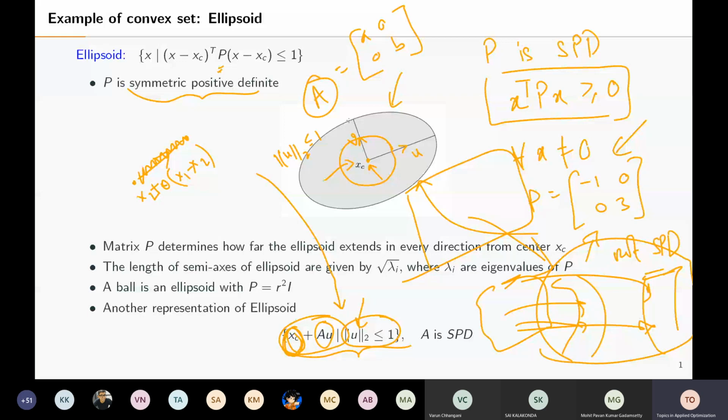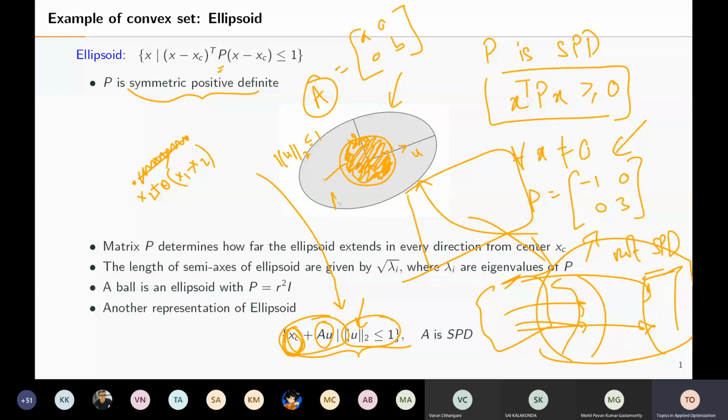I was thinking, should it touch even the minimum 1, but there is no guarantee actually, because even the smallest eigenvalue can scale a lot more than the unit. Anyway, let us say this was your norm u less than or equal to 1. This is what we saw in the previous case, the norm u less than or equal to 1 ball, and everything inside it.